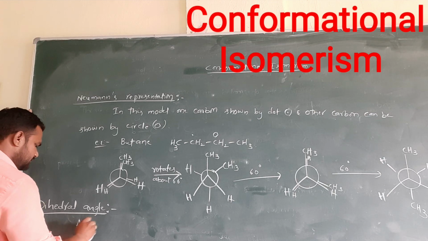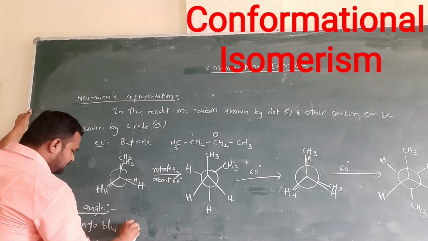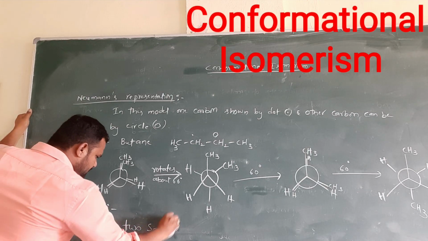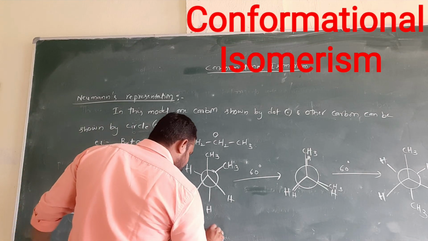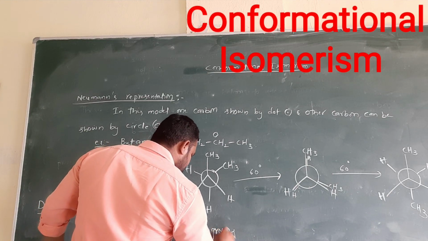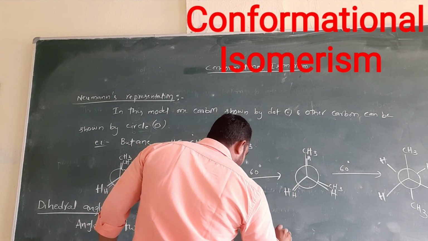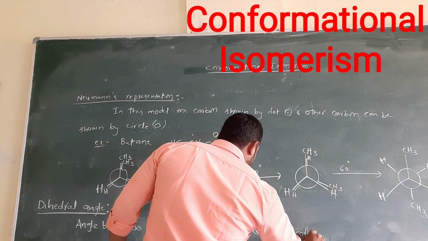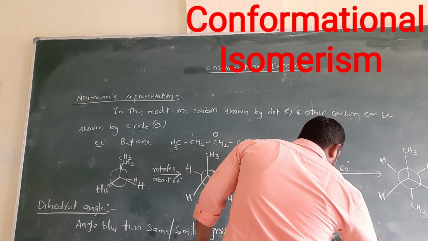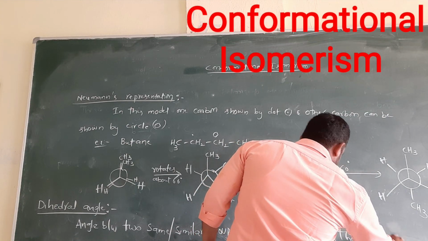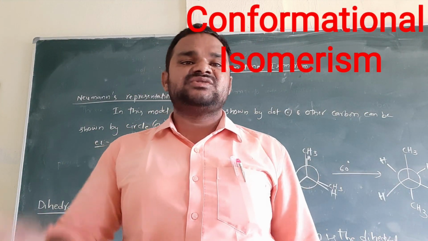The angle between 2 same or similar groups on different carbons is taken as the dihedral angle. Remember that one? The angle between 2 same or similar groups on different carbons is taken as the dihedral angle.